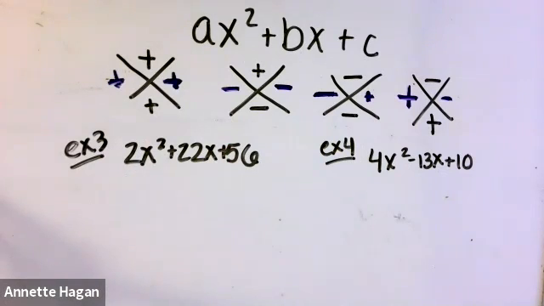Always check first for a GCF. Always check for a greatest common factor. So pause this, try it the best you can, try to get to that final answer, and then resume the video and check your answer.